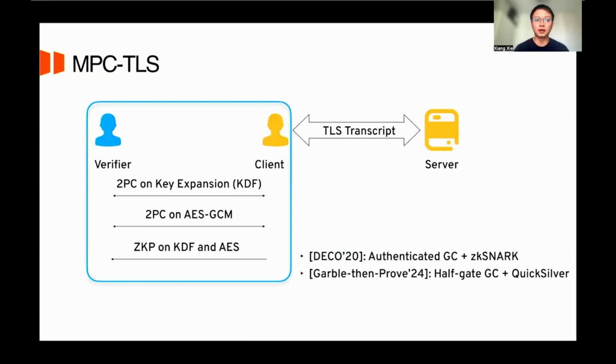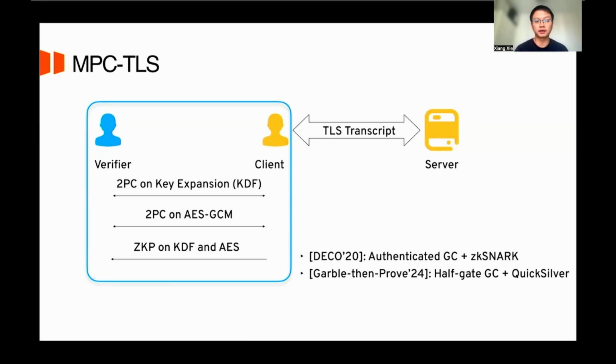So let's dig in a little bit into these two protocols. First of all, in MPC TLS, the computation the verifier and client want to do in 2PC is the key exchange, and 2PC on the key expansion or KDF functions, which are a bunch of SHA circuits.